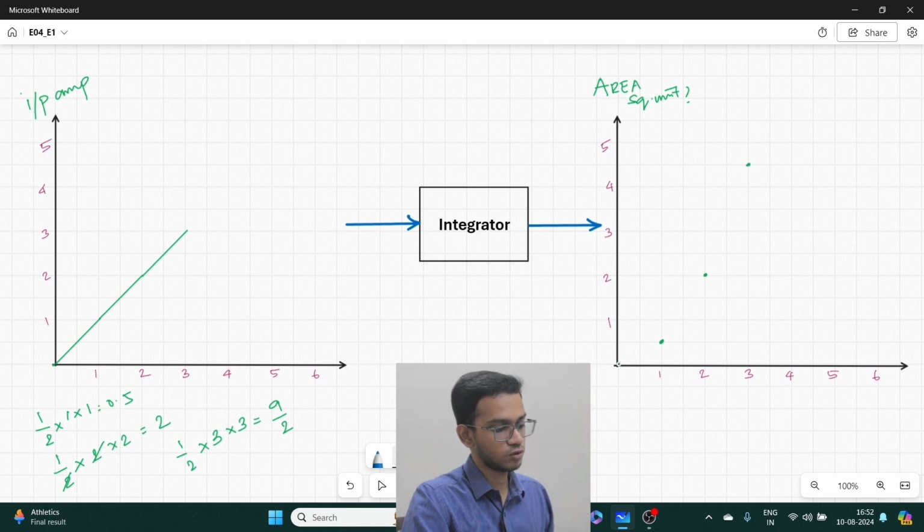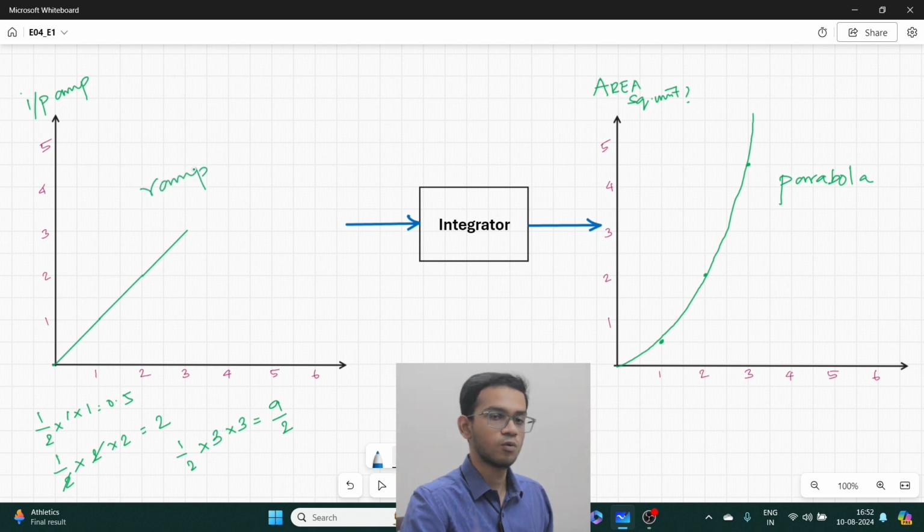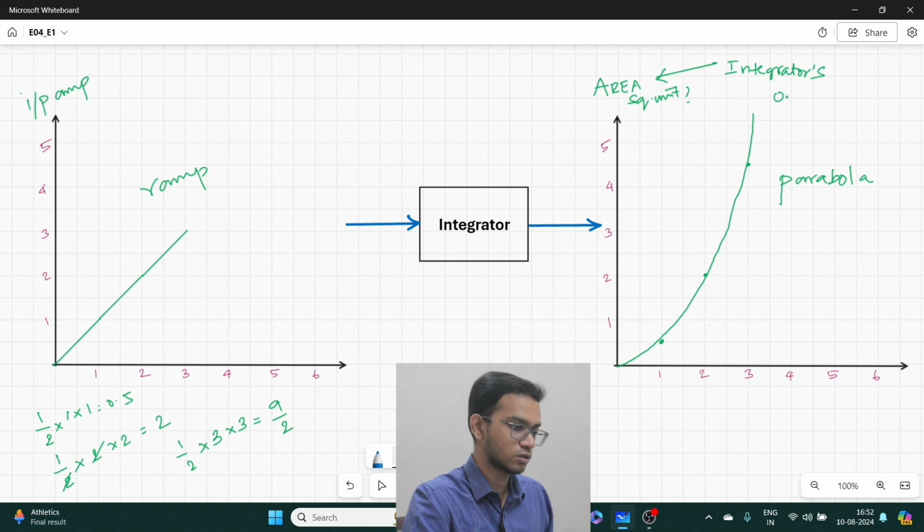If you connect all these points together, you will get a parabola. And this is a ramp. What is the point I'm trying to convey here again? This area is your integrator's output.